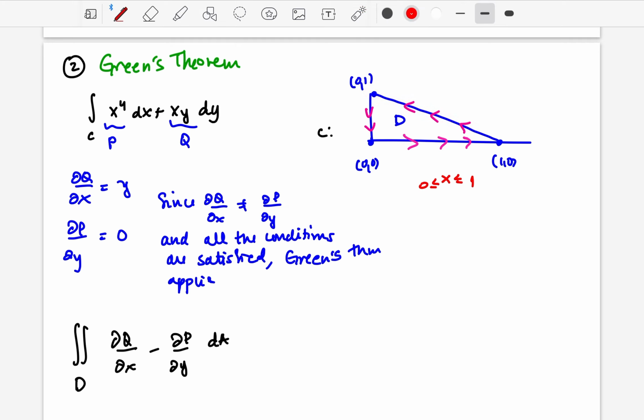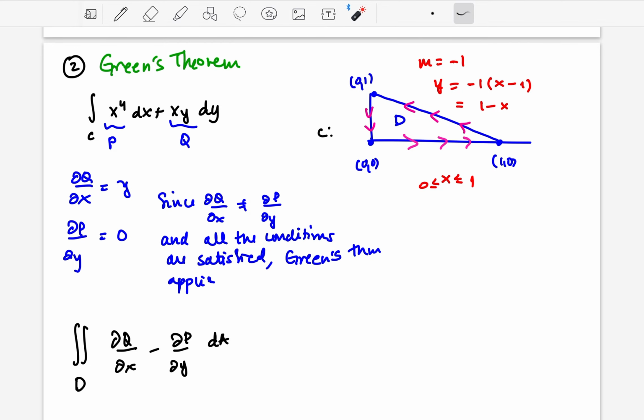So the slope is the change in y over change in x, so I get -1. And then this is just y minus y1 equal to the slope, -1, times x minus 1, so I'm using this point to find the equation. I finally get that y is equal to 1 minus x, so -x plus 1.